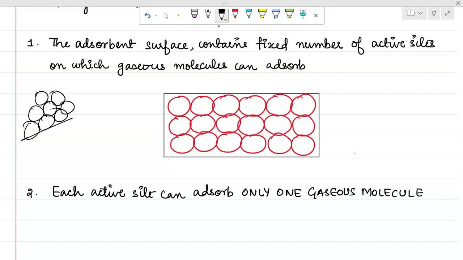But according to Langmuir, what was proposed is that each active site can occupy only a single gaseous molecule. So if it can occupy only a single gaseous molecule, then the adsorption would lead to monolayer formation. Adsorption is monolayer, right? Because at each active site you can see only one, so only one layer of gaseous molecules can be held, not more than that.